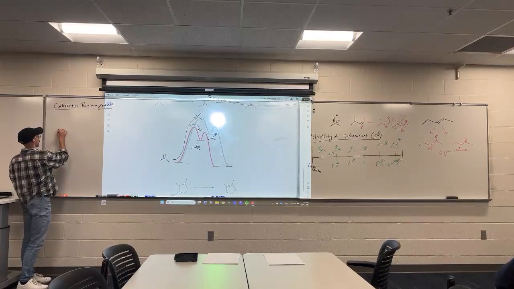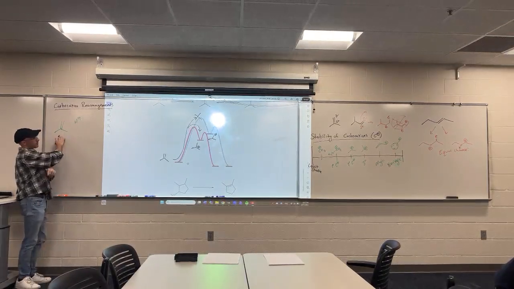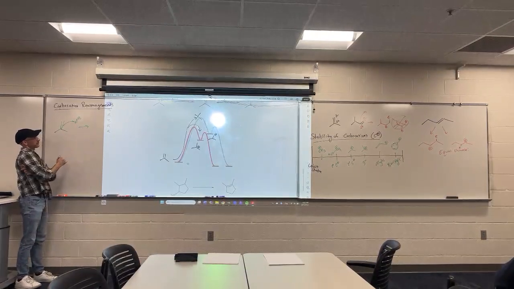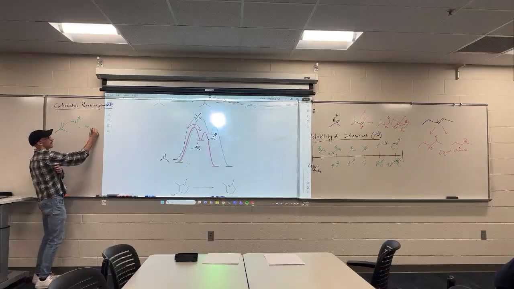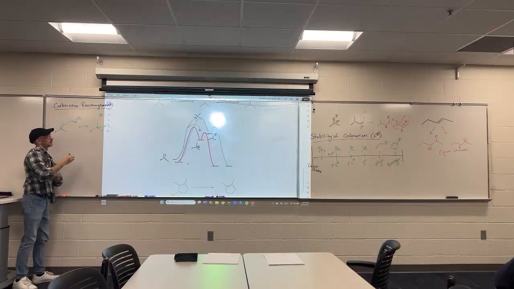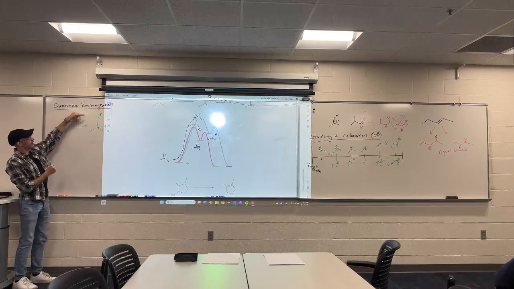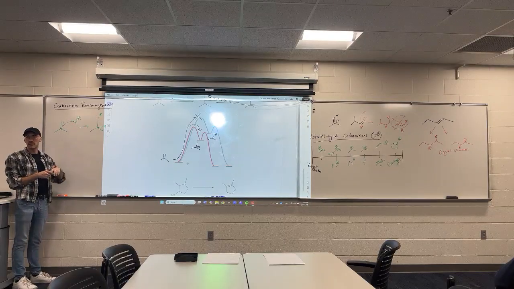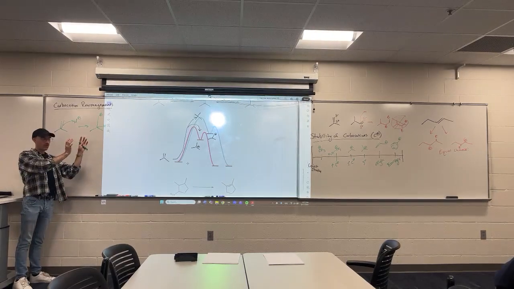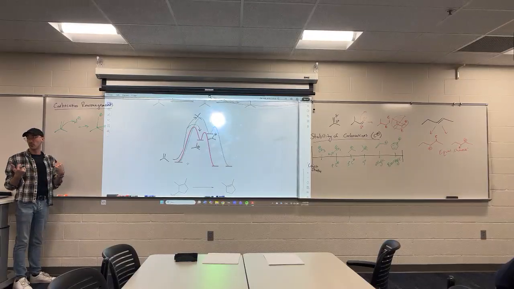If I took this 2-methylpropene and I reacted it with this hydrogen, and if I bonded the hydrogen to the more substituted carbon and I formed a less stable carbocation, the hydrogen can actually shift with its electrons to leave a positive charge in its wake.